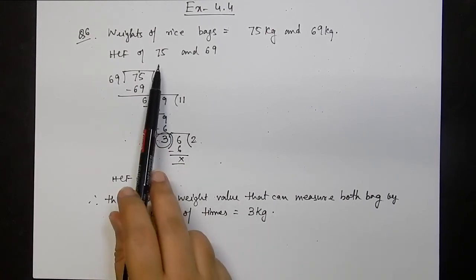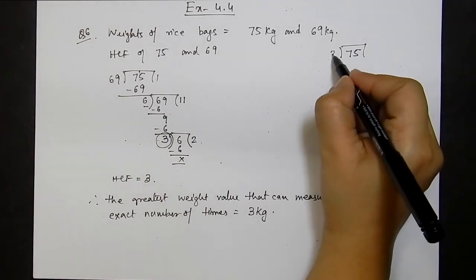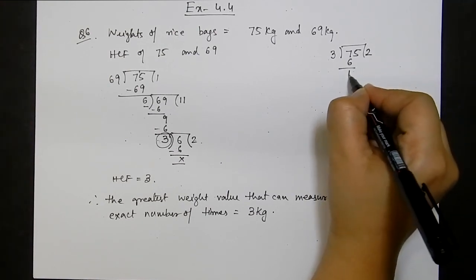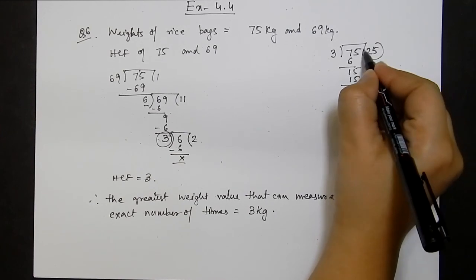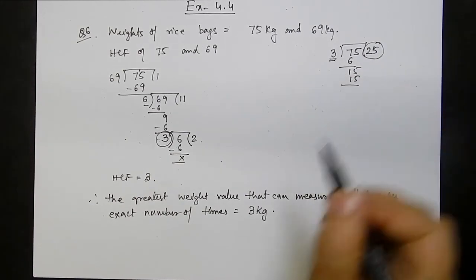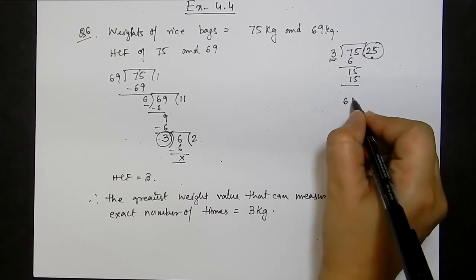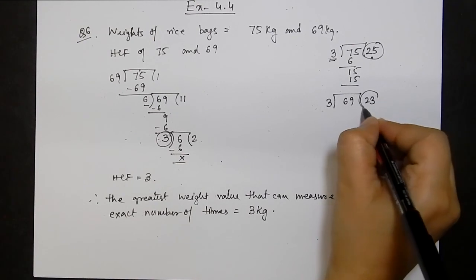So in both the cases you will see, if you divide 75 by 3, what do you get? 3 2s are 6, 3 5s are 15. So 25 times. So this 3 kg weight you have to use 25 times for 75, and for 69 if you divide by 3, this will be 23 times.